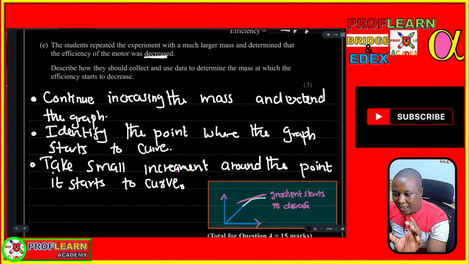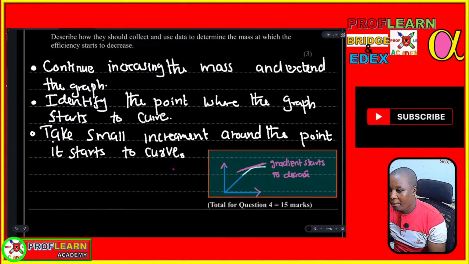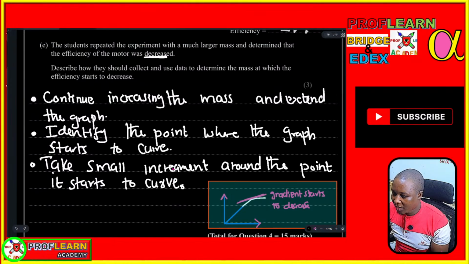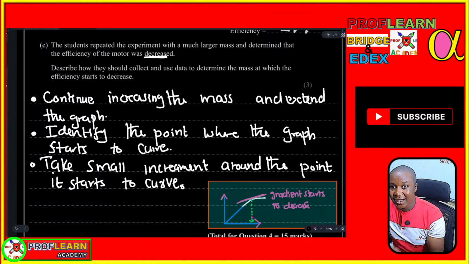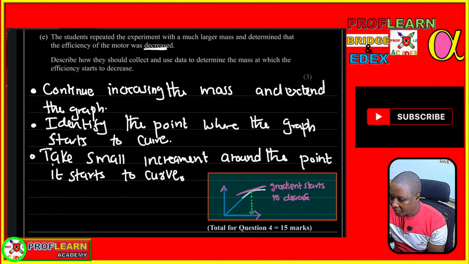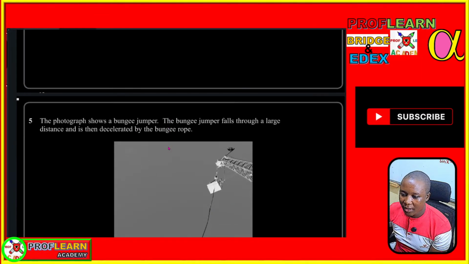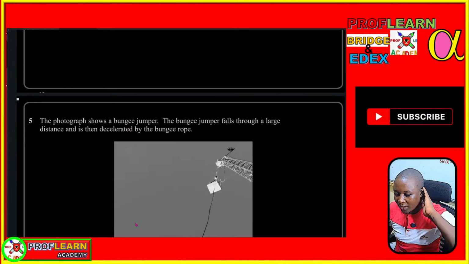At that point, take small increments around it, and then we can get a curve of best fit, so that we can identify at which mass and at which energy it starts to curve. So basically that's what we are going to do, and we have question number 5, which is the last question in this discussion.